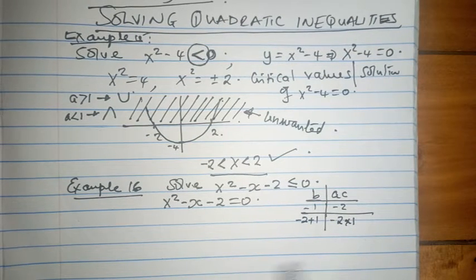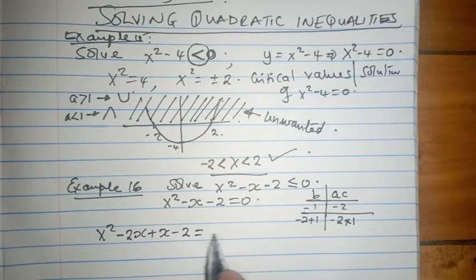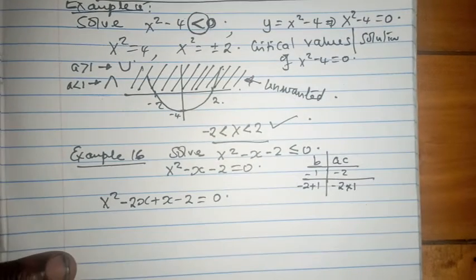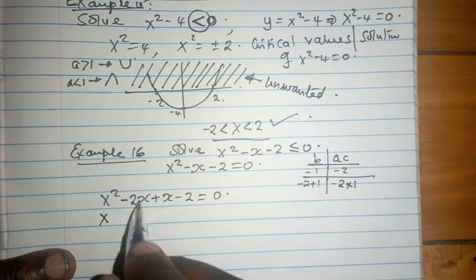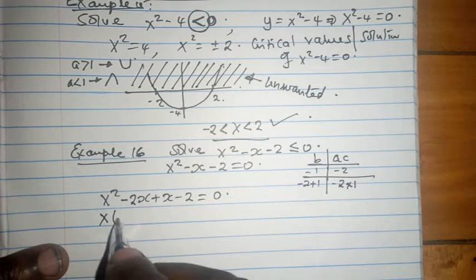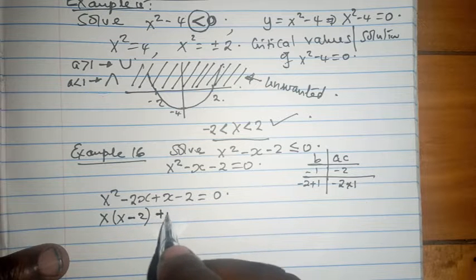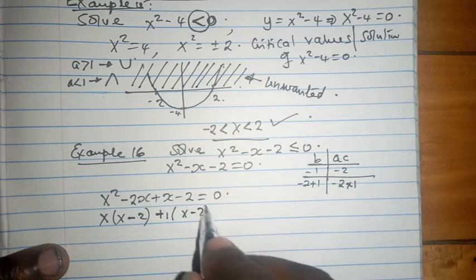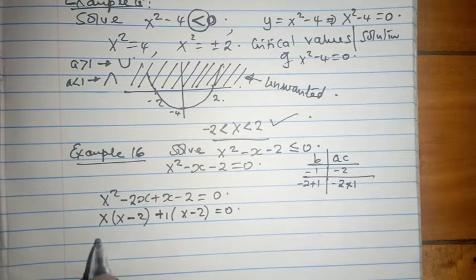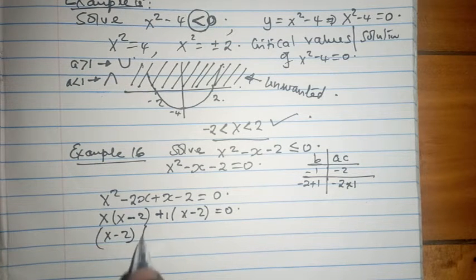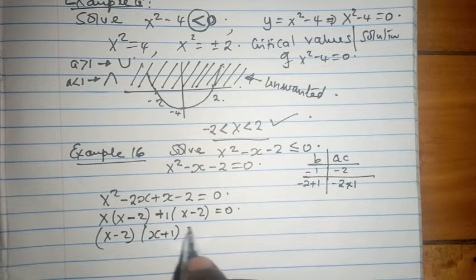So we break the middle term and have x squared minus 2x plus x minus 2 is equals to 0. We have common factors in the first two terms, x minus 2, plus 1 times x minus 2, and this being equals to 0, x minus 2 times x plus 1 is 0.